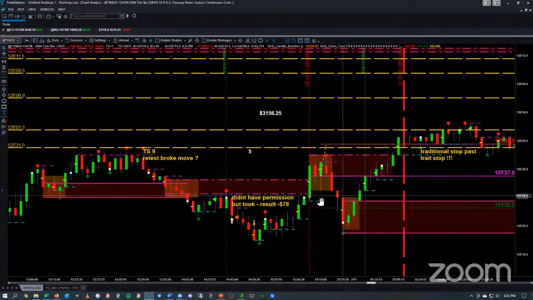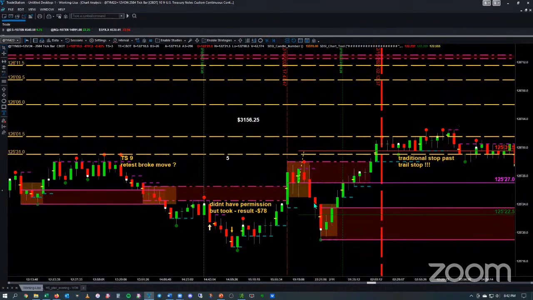So that's what I'm calling a traditional stop instead of a trailing stop. So at that point, we're saying that the trend needs to make a decision on what direction it's going, and we're going to sit on our hands until it proves it. So that's kind of just taking you through that one scenario of a swing trade.